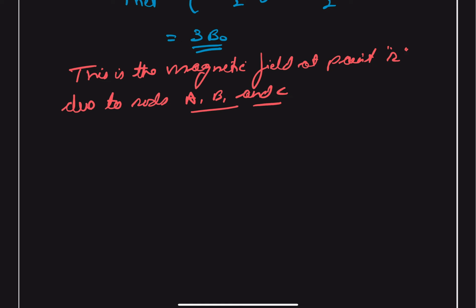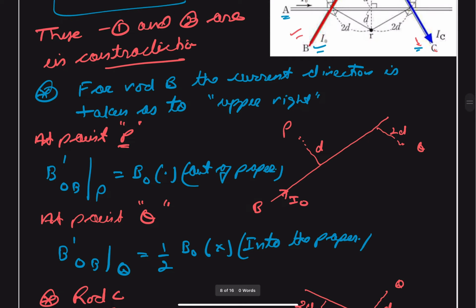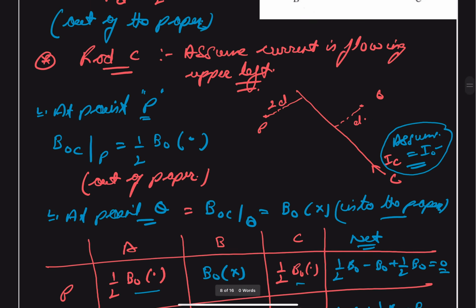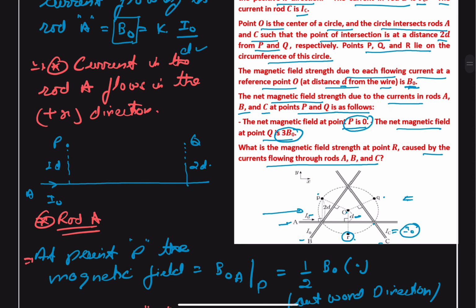So we have to find the relationship between all three things, and keep in mind that the entire question is based on the given information, which states that the net magnetic field at point P and Q is as follows. So point P is always 0 and point Q is equal to 3 B naught. So the entire question or calculation is based on this one important point.